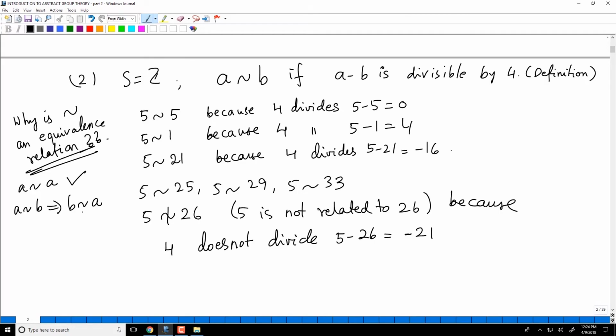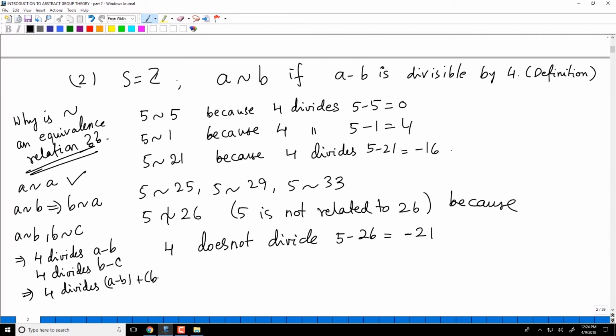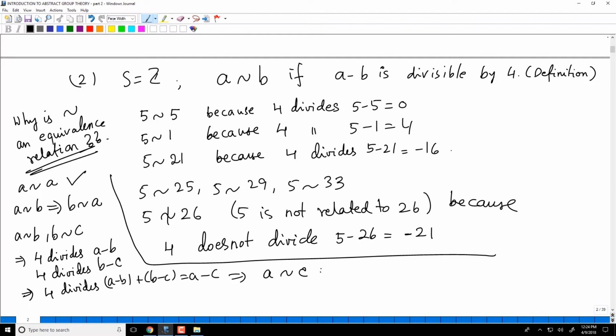If A is related to B and B is related to C, that means 4 divides A minus B and 4 divides B minus C. But then 4 divides their sum, which is A minus C, so A is related to C. So we have checked all three properties. So this is an equivalence relation.